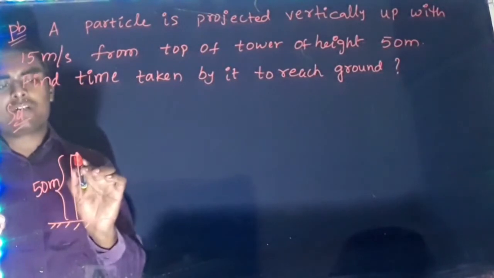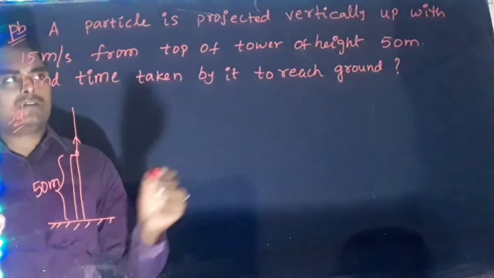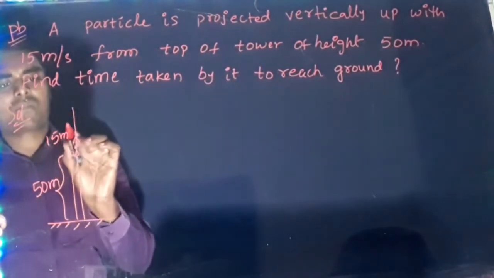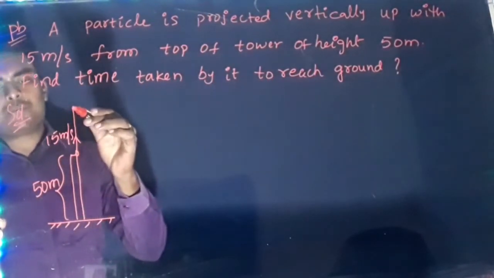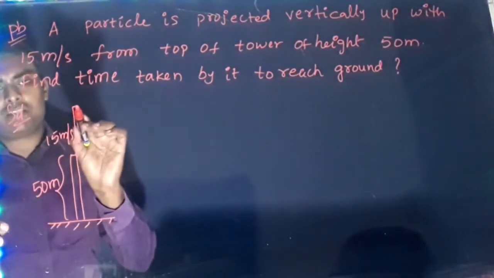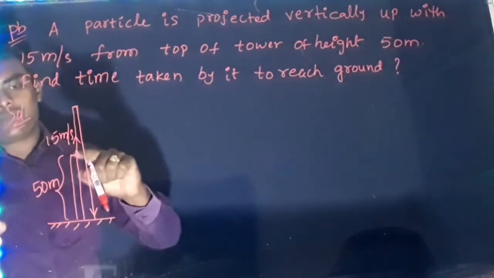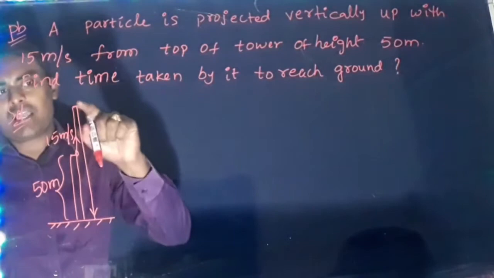From this top of the tower, the particle is projected vertically up with 15 meter per second. Then after reaching maximum height, it will turn back and reach the ground. So we will show like this, then it will reach the ground here. So from here it will go up and again reach the ground. So we need to find time for this journey.